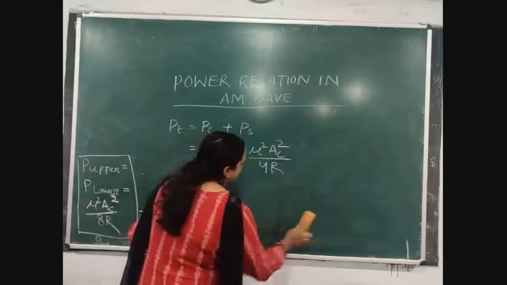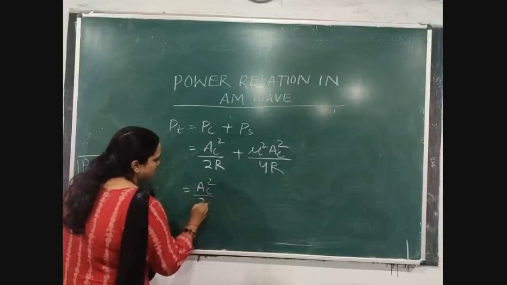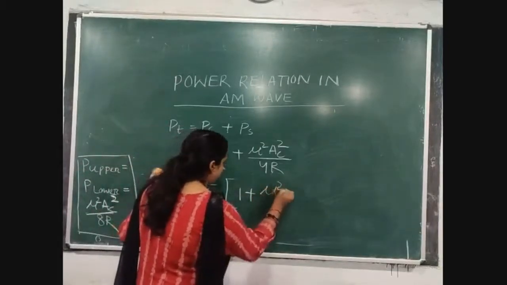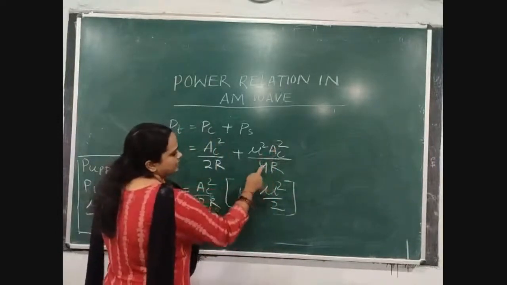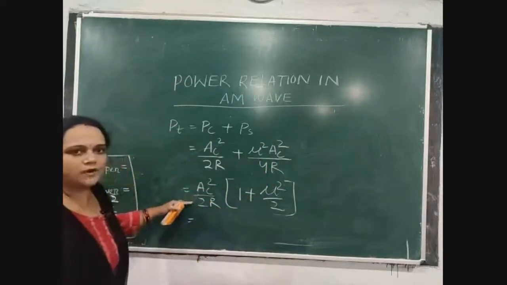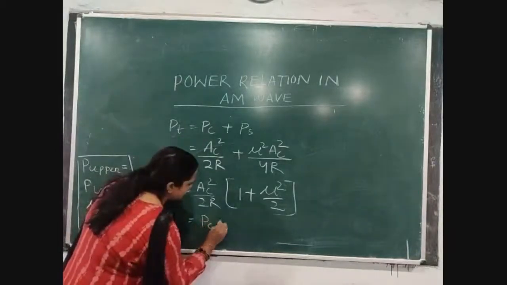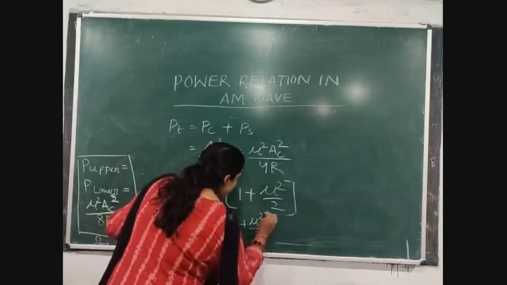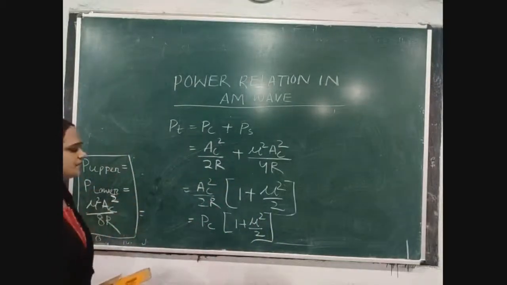So we take common AC square by 2R, then 1 plus mu square by 2. After taking common AC square by 2R, here we get mu square by 2. So AC square by 2R is the value of PC, so directly here we can write PC into 1 plus mu square by 2.